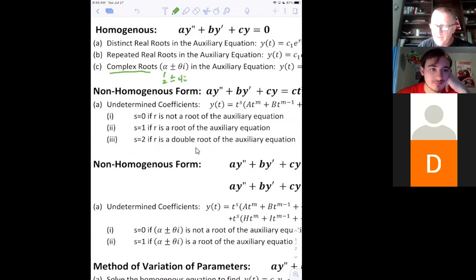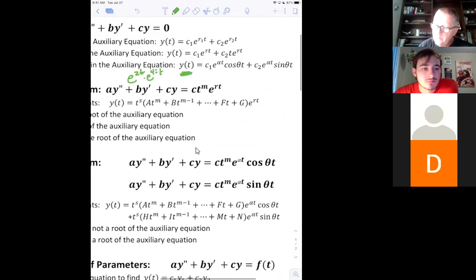And so the alpha was 2 and the theta was 4. That's what happened for us, right? Then notice over here, y equals what? Did I say e to the 2t times e to the 4it? Is that what I said on the other side? No, I rewrote it with exactly what we just discovered.